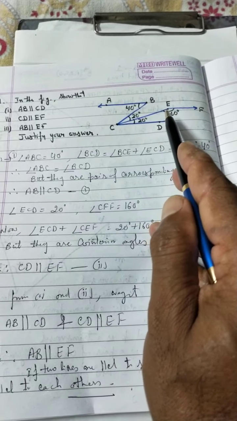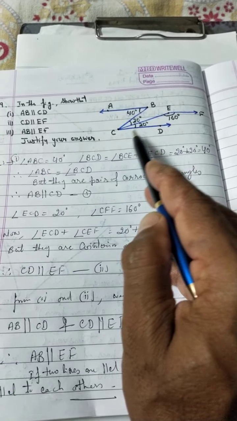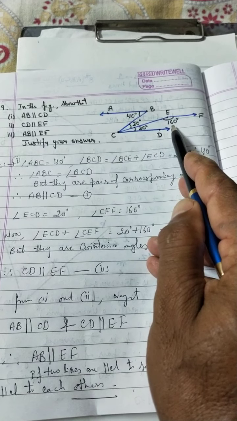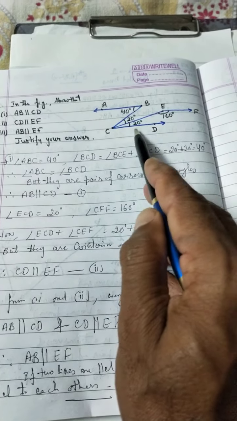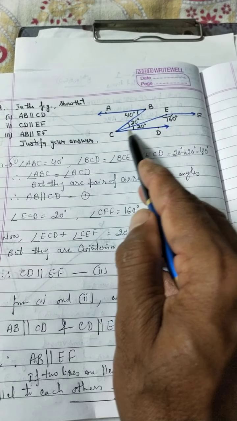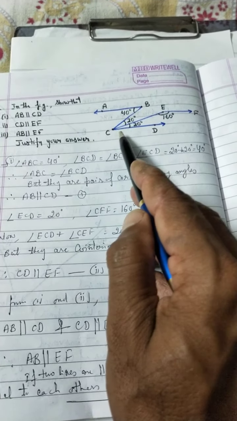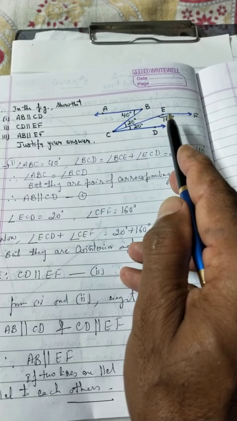Again, angle ECD is equal to 20 and angle CEF is equal to 160. These are the interior angles on the same side of the transversal.